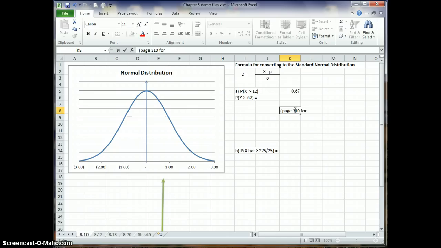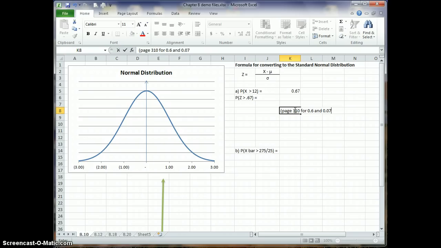When we look at that table on 310, we're going to go to the 0.6 on the Z column, so that's on the row, and then for the column it's going to be 0.07.